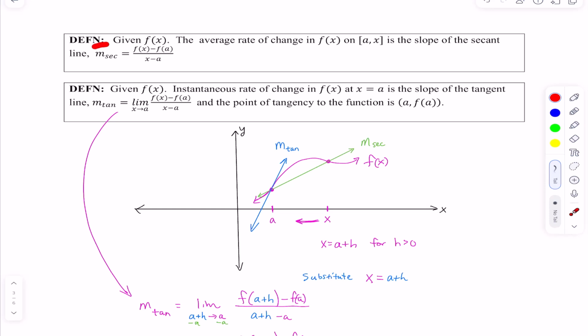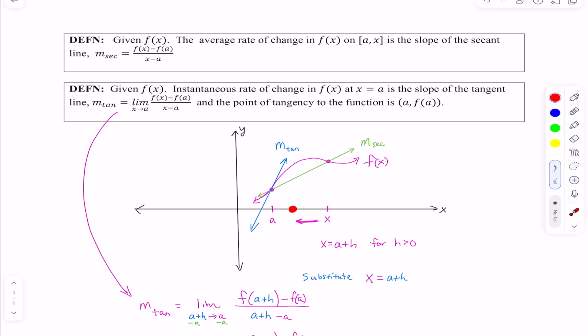Now, if we look at the slope of the secant line, which is right here, this is the secant line. You can obviously draw another secant line as x gets closer and closer to a. Maybe the x value is here, then the y value is here, and you could draw another secant line.